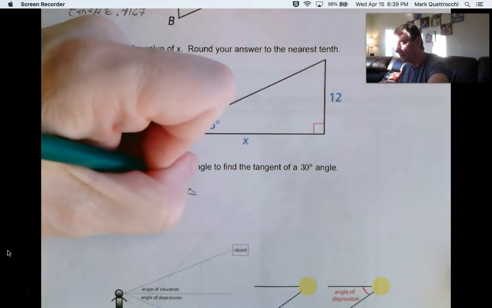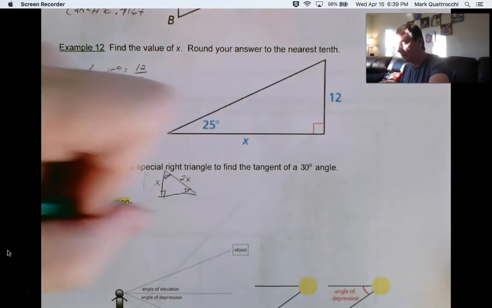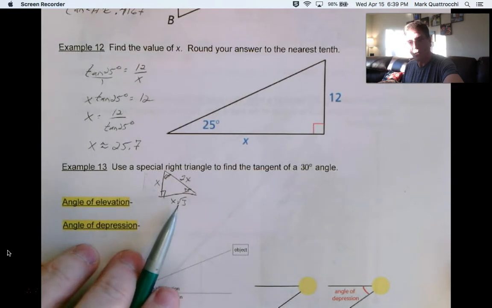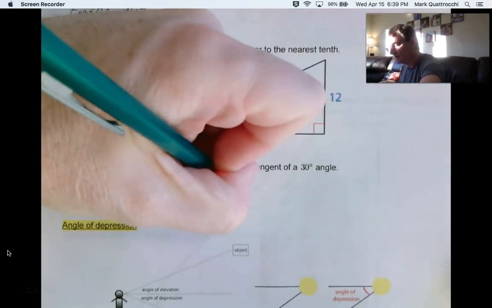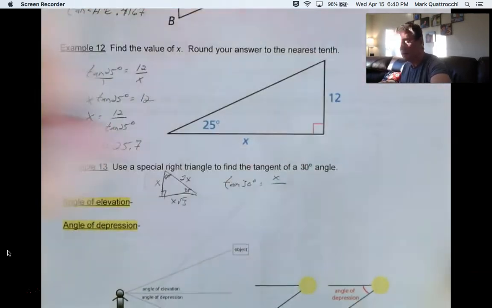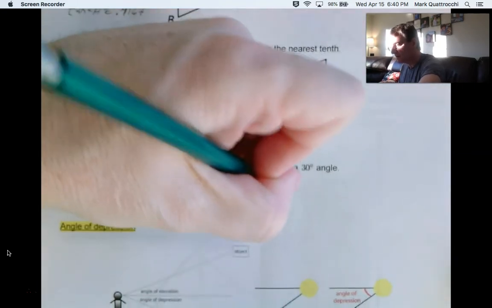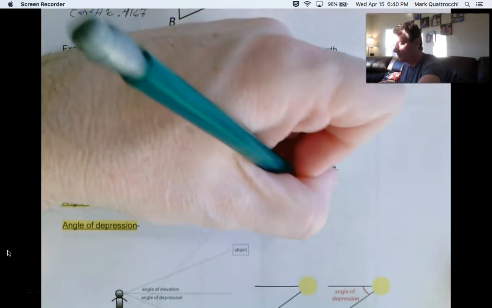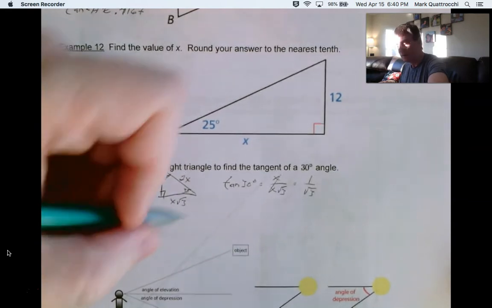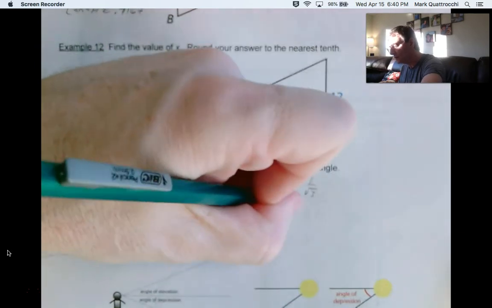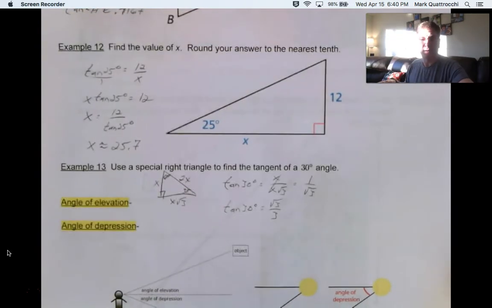That makes the hypotenuse 2x and the long leg x square root 3. Tangent is opposite over adjacent. Tangent 30 degrees equals opposite x over adjacent x square root 3. Those reduce. 1 over the square root of 3. Rationalize that denominator. Tangent 30 degrees equals square root 3 over 3.